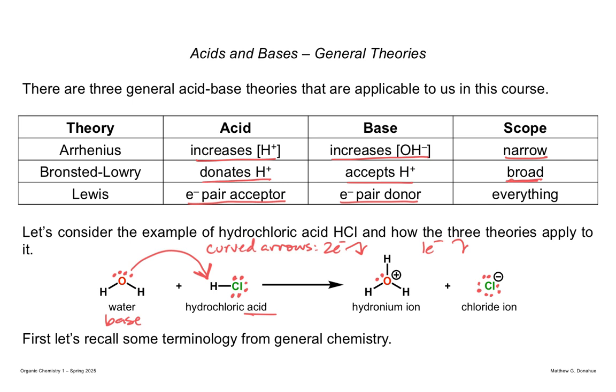So the base water is abstracting that proton. Then what happens? Chlorine needs to get a lone pair, and so the flow of the arrows is now from the sigma bond, and it's going to point to the chlorine. And we can rationalize that because we know, based on electronegativity, chlorine's delta minus, and so therefore the hydrogen has to be delta plus.